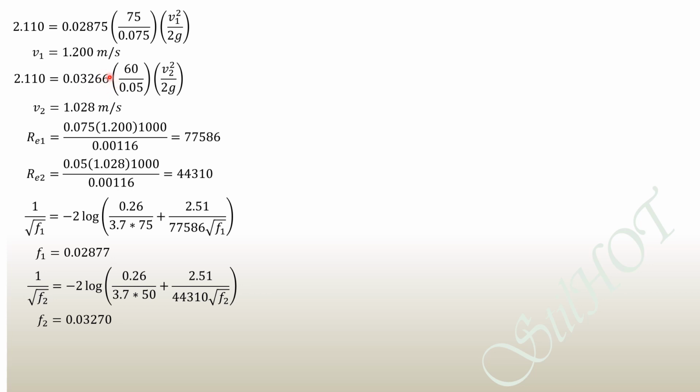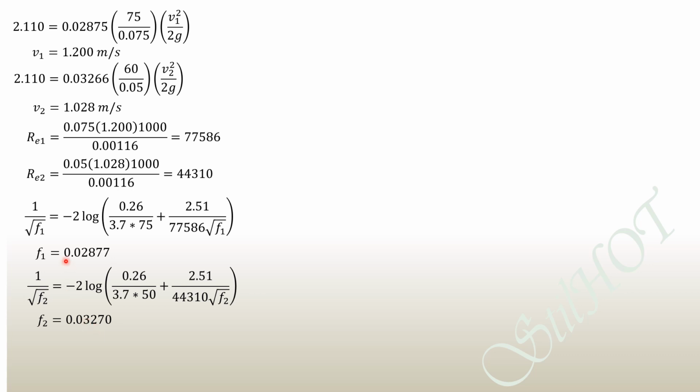If we round this to three significant figures, it's 0.0327. Therefore, there's also no appreciable change in F2, so whatever is the calculated mean velocity of flow in pipe 2, that should also be finalized.